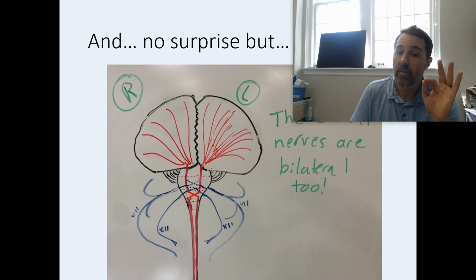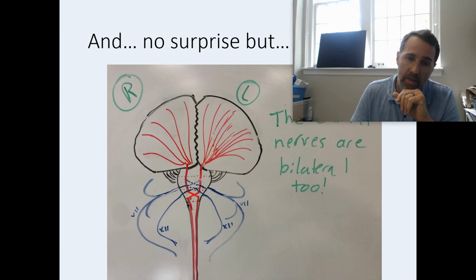And yet, the cranial nerves are contralaterally innervated by the upper motor neurons as well. Each cranial nerve has its own little upper motor neuron branch that decussates over to synapse with it.